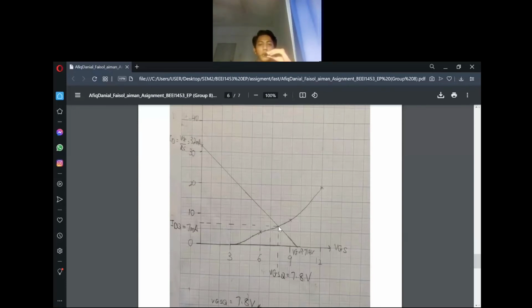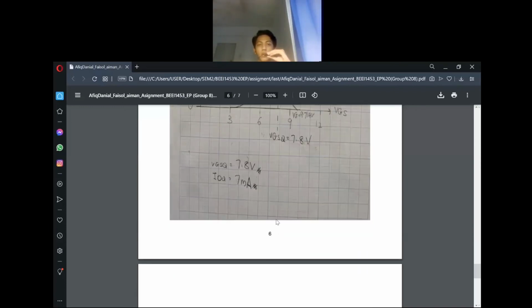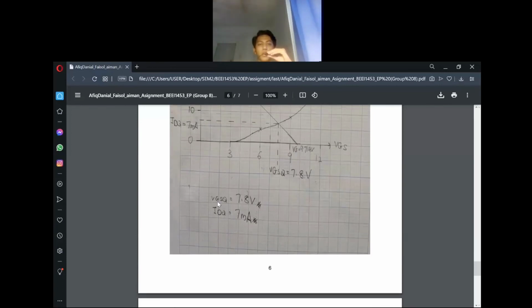From this intersection, we get IDQ equal to 7 milliampere, and on the x-axis we get VGSQ equal to 7.8 volt. So VGSQ is 7.8 volt and IDQ is 7 milliampere.